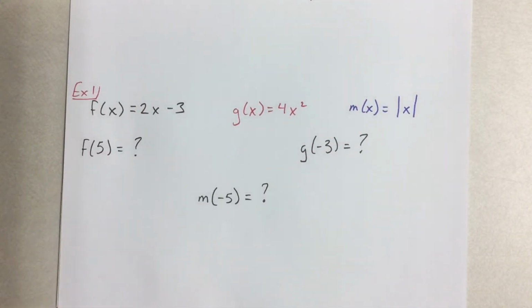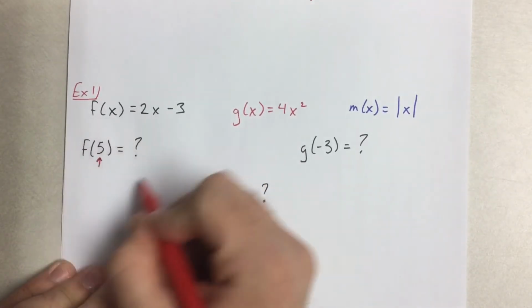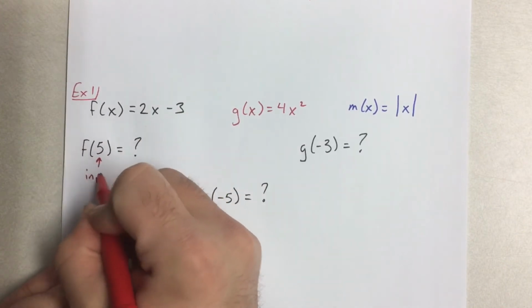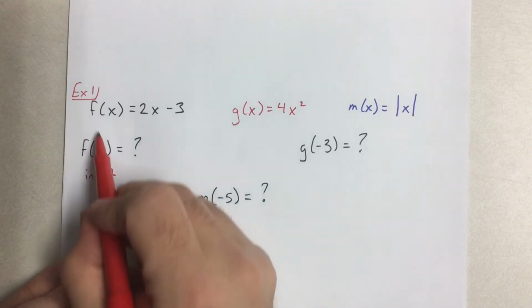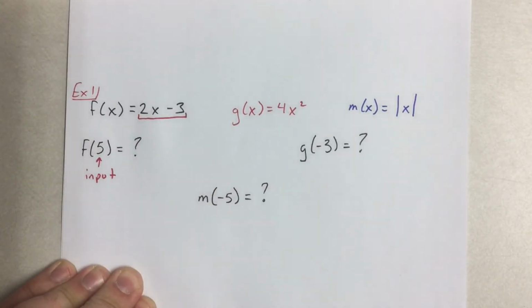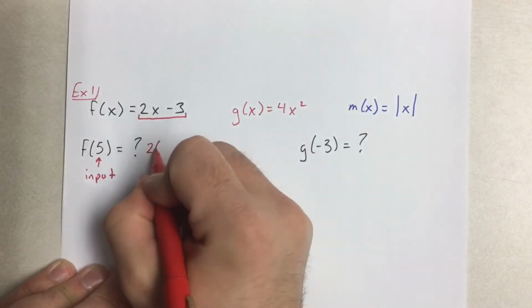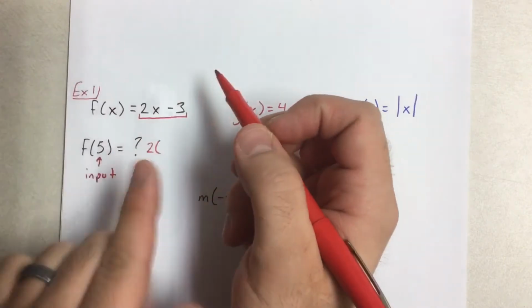So we see this, f parentheses 5. So f of 5. This 5, with this notation, is our desired input. Okay? So we are going to place this into our function. Our function here is 2x minus 3. We're going to place it into that function, meaning where there's an x, that's where the number gets placed in.